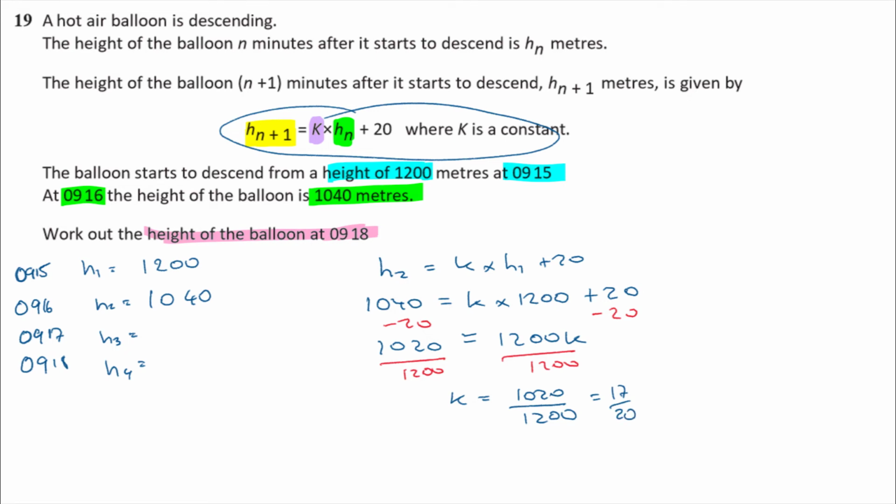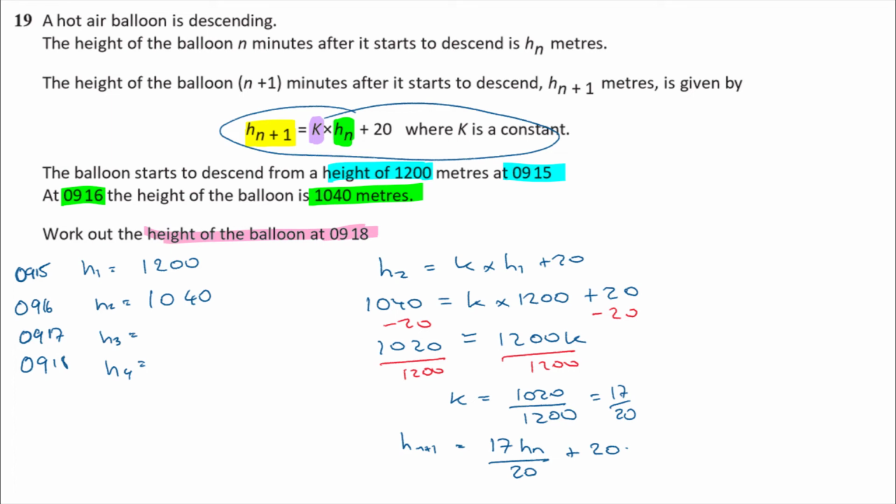So we should be able to use the formula for working out what the next term is. So hn plus 1 is going to be 17 lots of hn over 20 plus 20, isn't it? Okay, so I can set that up on my calculator.